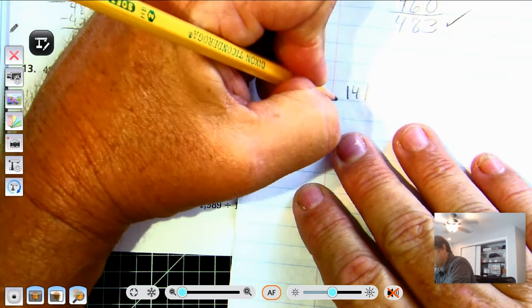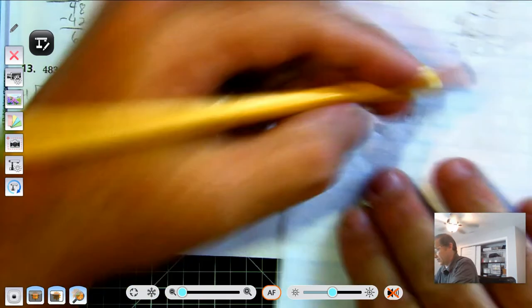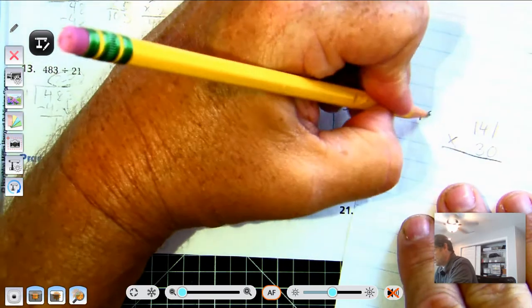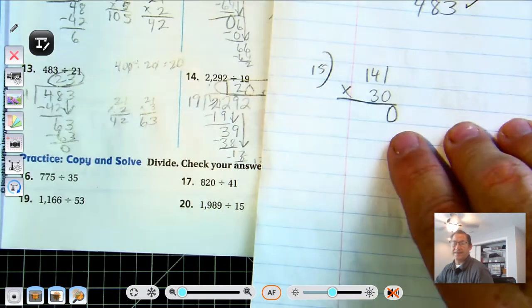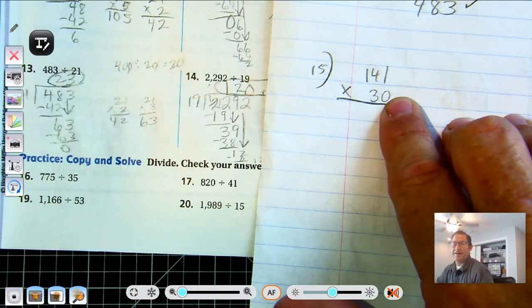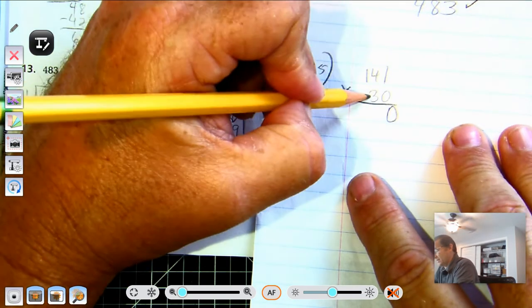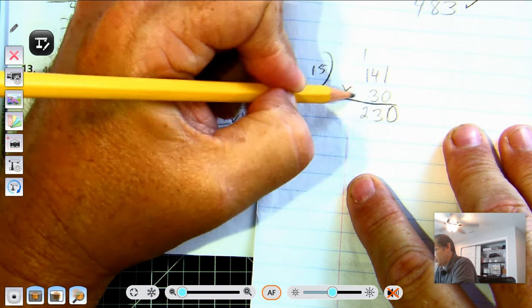141 times 30. Okay. I know my product's going to end in a 0 because I'm multiplying by a multiple of 10. And so 3 times 1 is 3. 3 times 4 is 12. Regroup that.